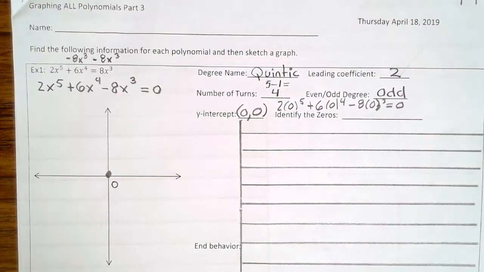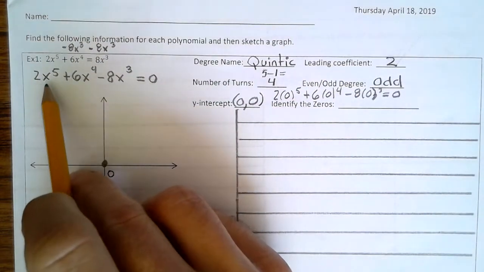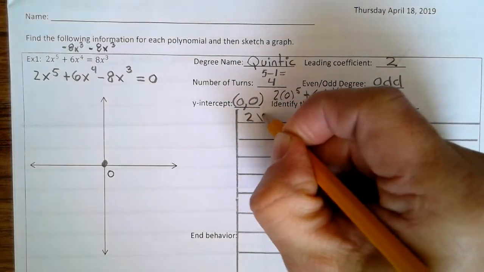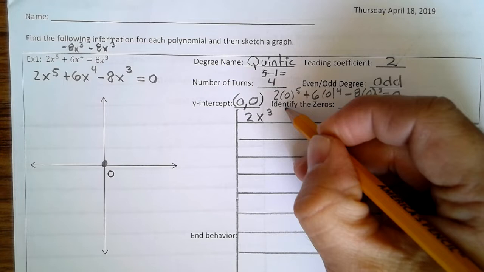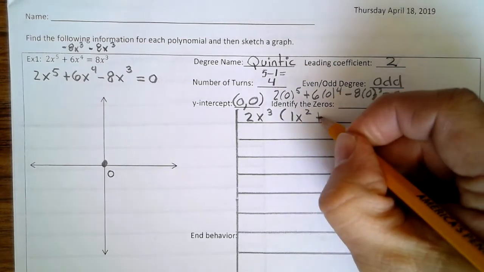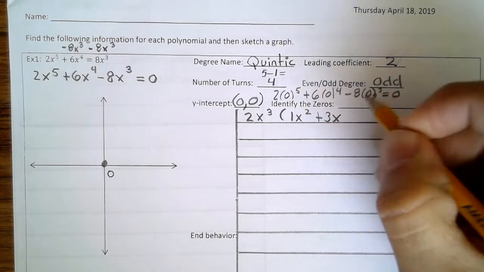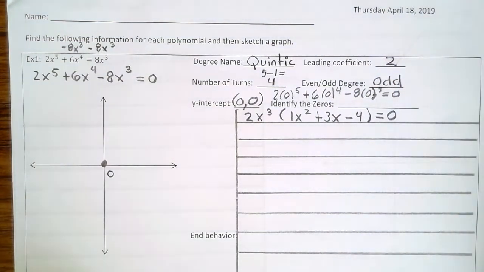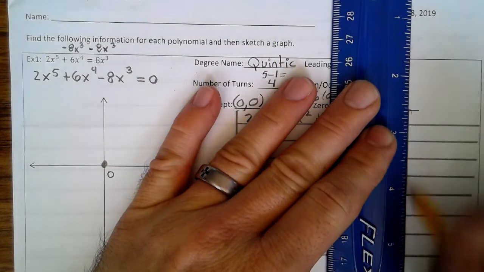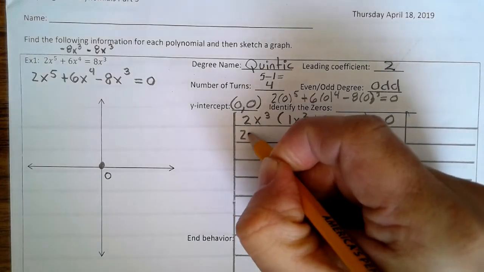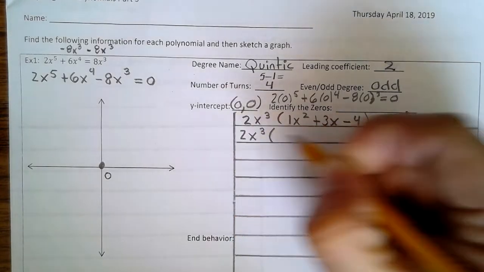Now at this point, we're going to see if we can factor this. It looks like we can factor out a 2x cubed from each term, which leaves 1x squared plus 3x minus 4 equal to 0. So then that's 2x cubed. We can factor this.